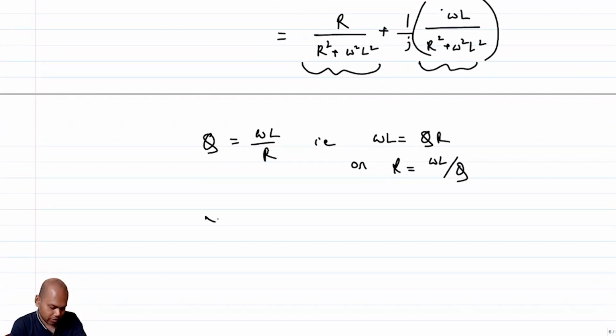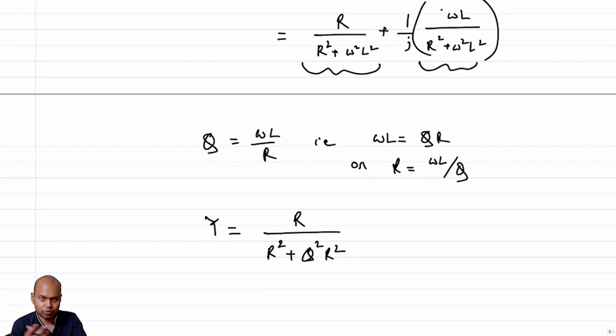So then Y is essentially R by R square plus omega square L square is Q square R square. Again, I will remind you, Q is a function of frequency, right? Just because I'm not writing Q of omega, it doesn't mean that Q is independent of omega.